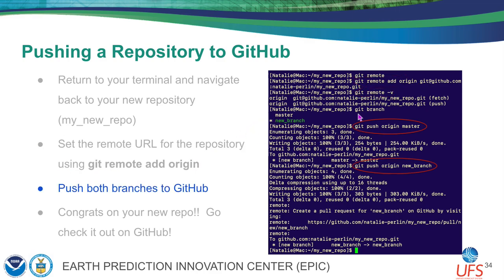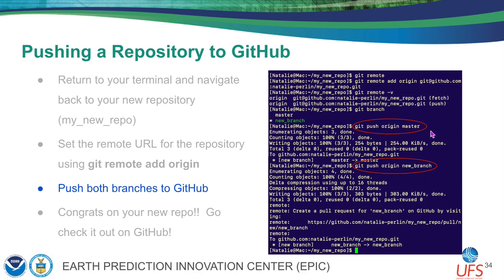Next, we can check which branch we are in by issuing the command git branch. It shows that we are in a new branch. Next, we'll push both branches to GitHub. You can specify them one by one. For example, git push origin master.